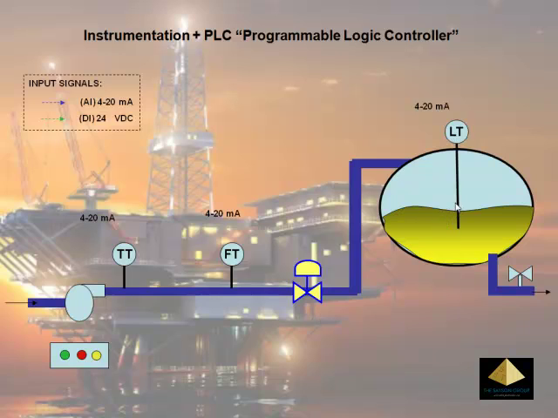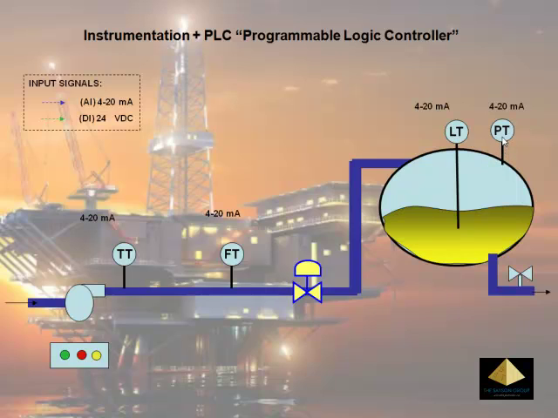The level transducer would also be attached to a device which will convert the level into current at a range of 4 to 20 milliamps. Thus, this is now called a level transmitter. The pressure transducer would also be attached to a device that will convert the pressure into current.